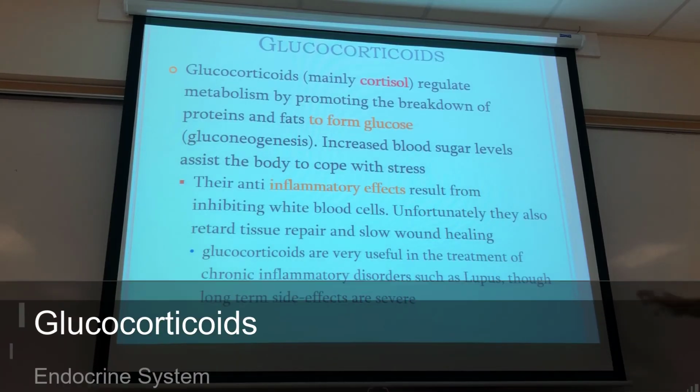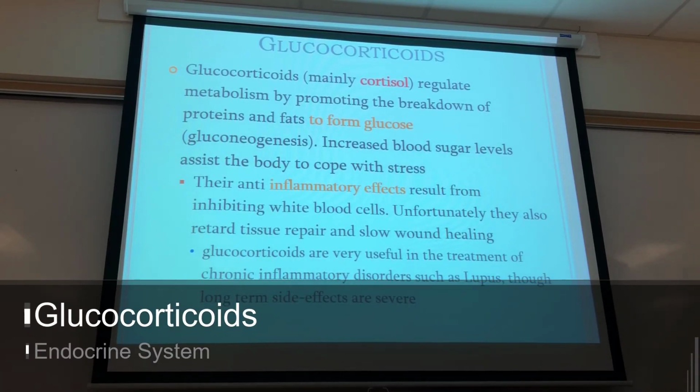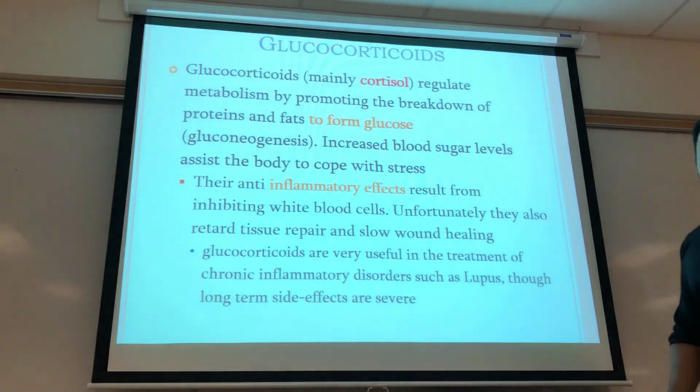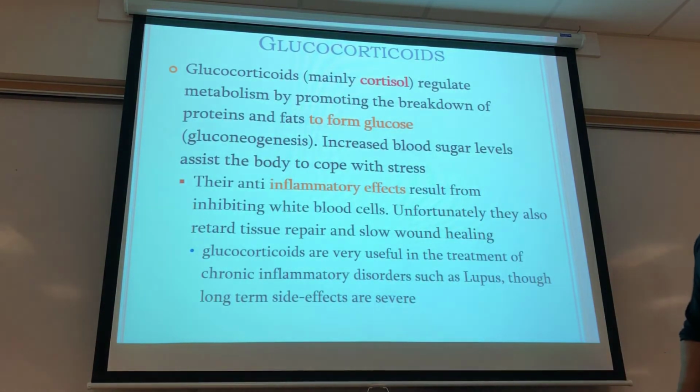Let's start to take a look at the middle layer, the glucocorticoids. And the big glucocorticoid, that's the example here, is cortisol. It's a big stress hormone that's all related to being able to raise the amount of glucose. Now, when we looked at human growth hormone, we looked at T3 and T4.